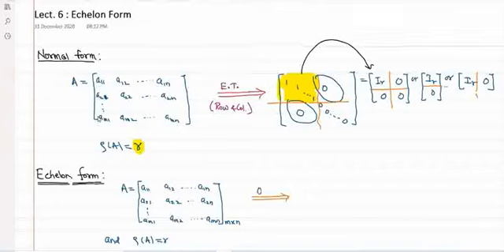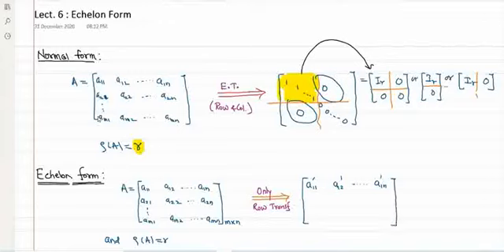Only row transformation, and reduce this matrix in such a way that, in short, the matrix is upper triangular. The elements may be A11 dash, A12 dash, and so on, A1n dash. New elements you are getting.